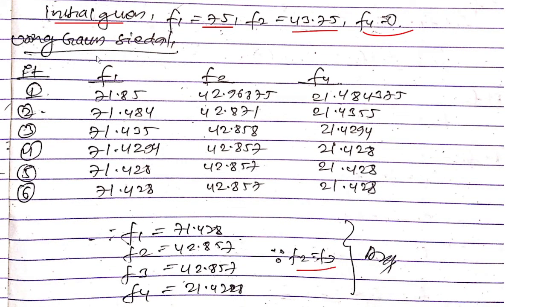So here we can simply use the Gauss-Seidel method to calculate all the values. And if you don't know how to solve this, you can check the description below. I have attached the link on how to solve this with the help of a calculator.